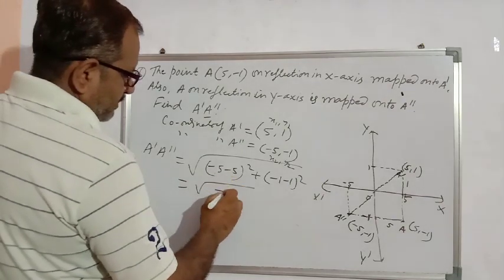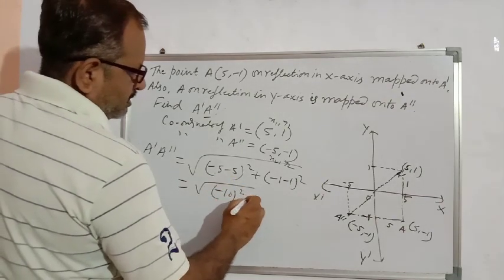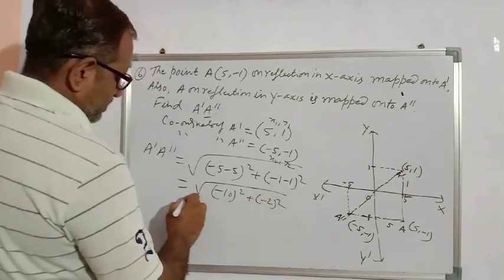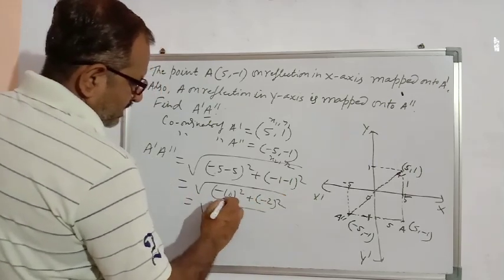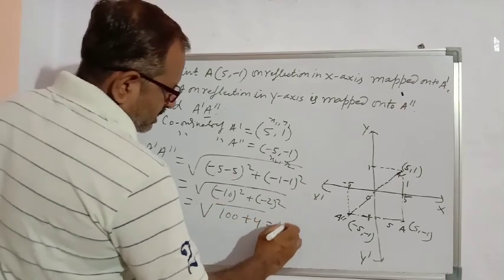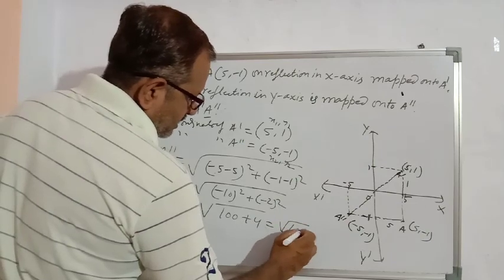Minus 5 minus 5, minus 10. Minus 1 minus 1, minus 2, whole square. Minus 10 square is 100. Minus 2 square, 4. It is 104.